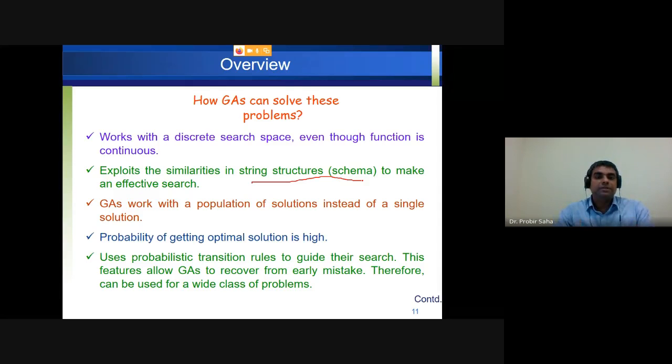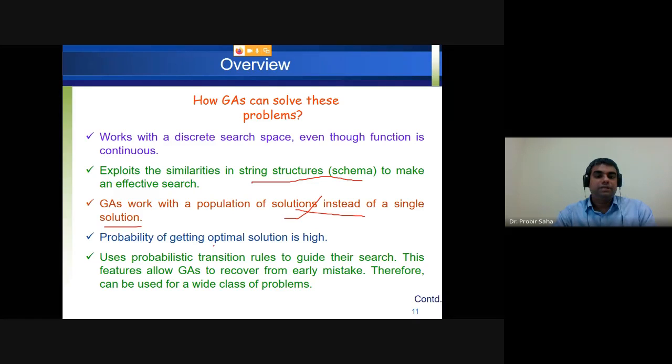That means some sort of similarities is moved from one point to another point. Then GA works with a population of solutions instead of a single solution, right? That is a very important point. So it's not working with a single solution, it's working with multiple solutions. Of course, they will all align in the feasible solution domain, and finally it converges to one single solution.